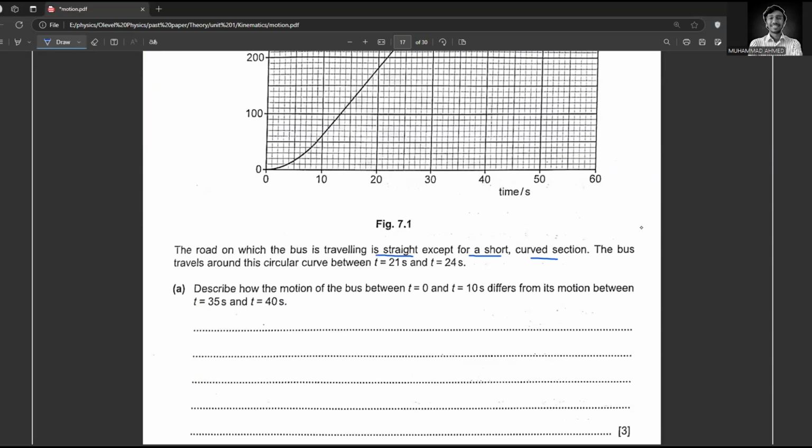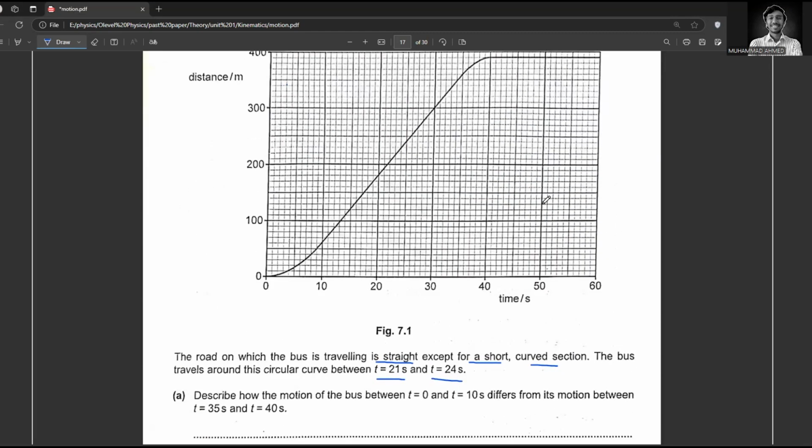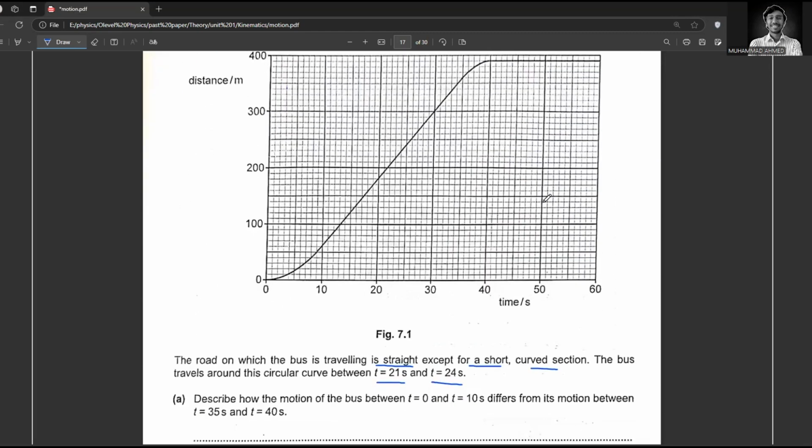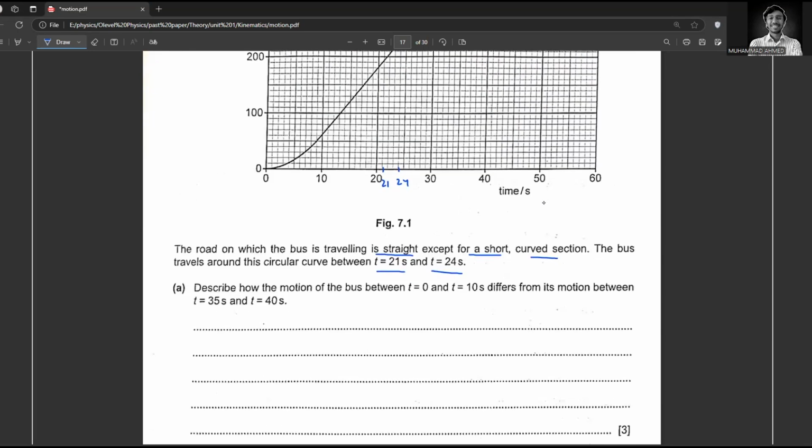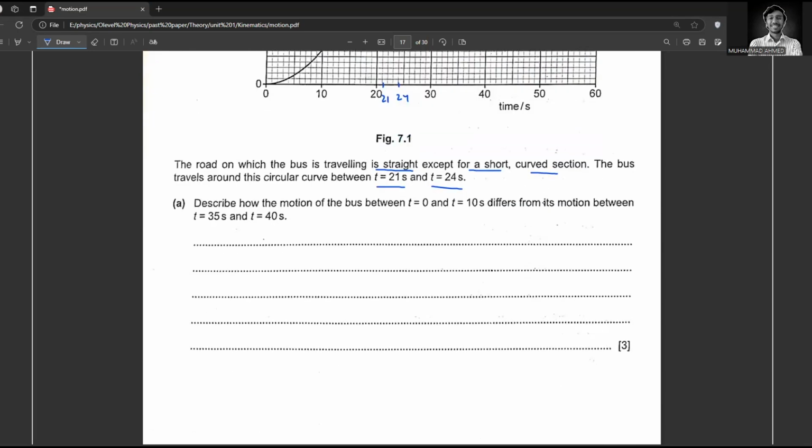The bus travels around this circular curve between time t equals 21 seconds till time t equals 24 seconds. Okay, perfect. I guess 21 is here and 24 is here, just in case we need it in the future.